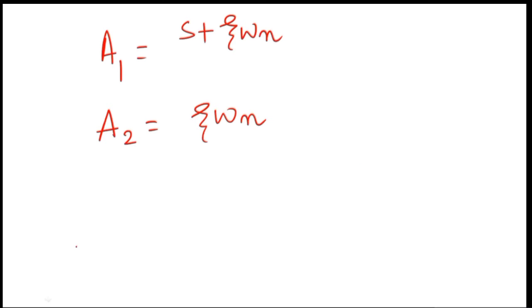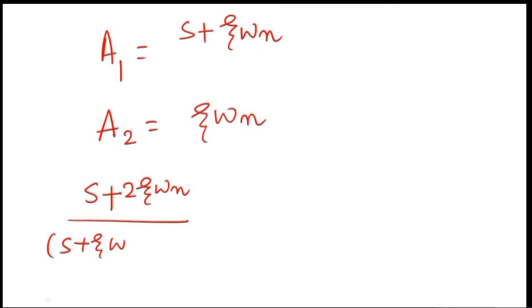Or you can write the numerator polynomial as: s plus 2 zeta omega n divided by s plus zeta omega n whole square plus omega d square.